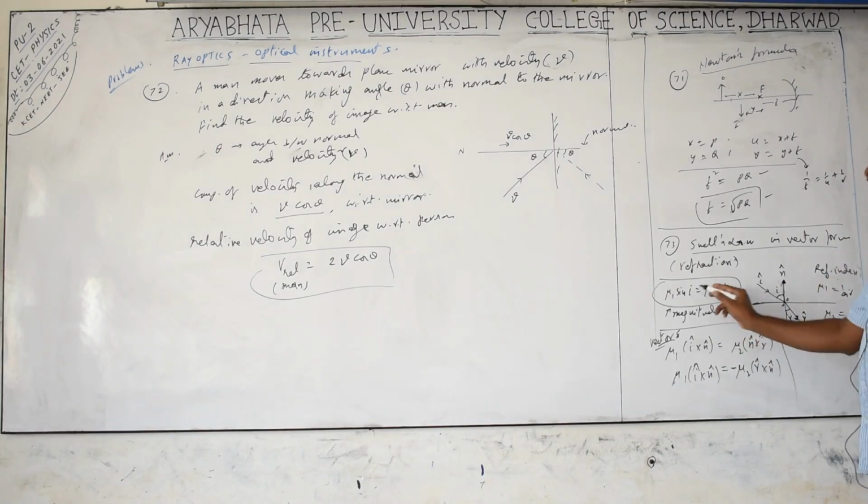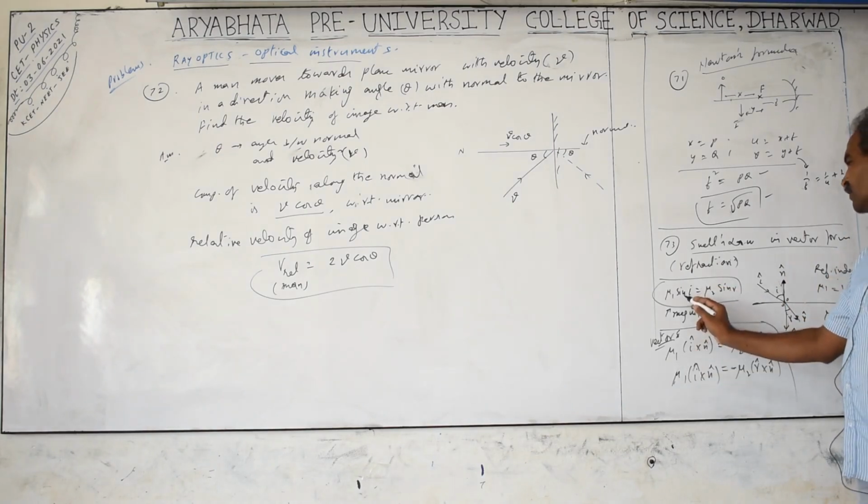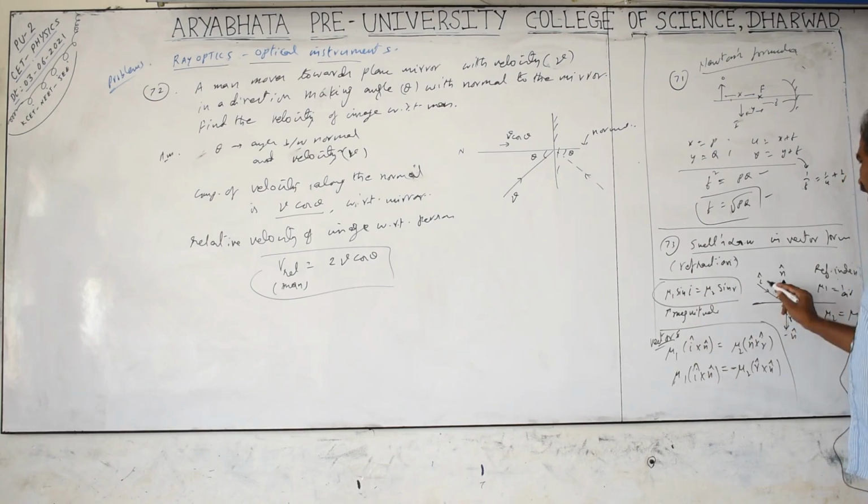So in vector form, you write mu1 sin of i cross n. What is the relation for A cross B? In vector form, A cross B is a vector perpendicular to both A and B, and its magnitude is AB sin theta. Here A is a unit vector, 1, and n is also a unit vector, so the magnitudes of i and n are equal to 1.